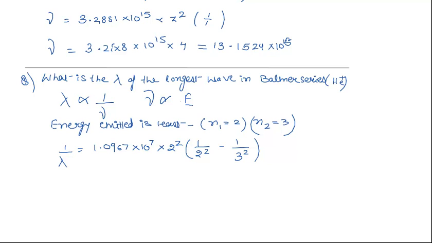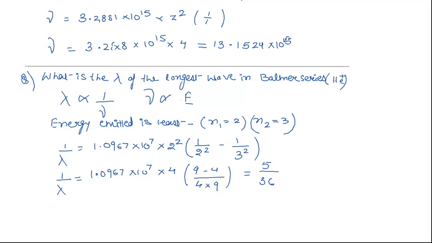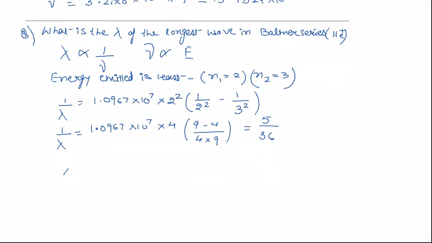We can make it 2 square into 1 upon 2 square minus 1 by 3 square. So what are we going to get? 1 by lambda is equal to 1.0967 into 10 to the power 7 multiplied by 4, and let's solve this. It would be 9 minus 4 upon 4 multiplied by 9. That gives you 5 by 36, right?